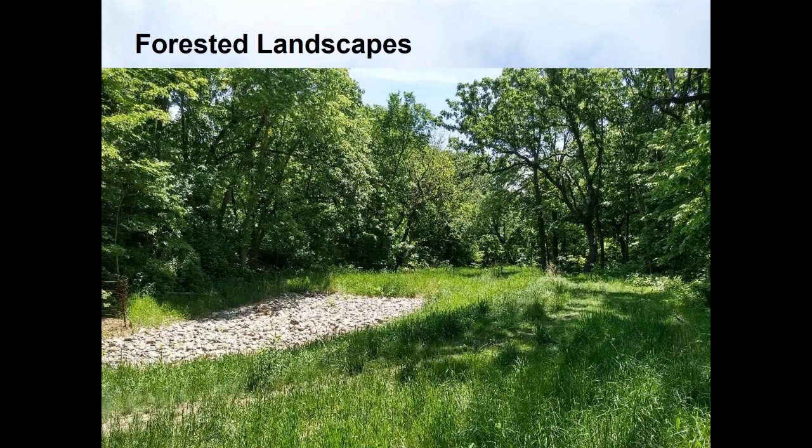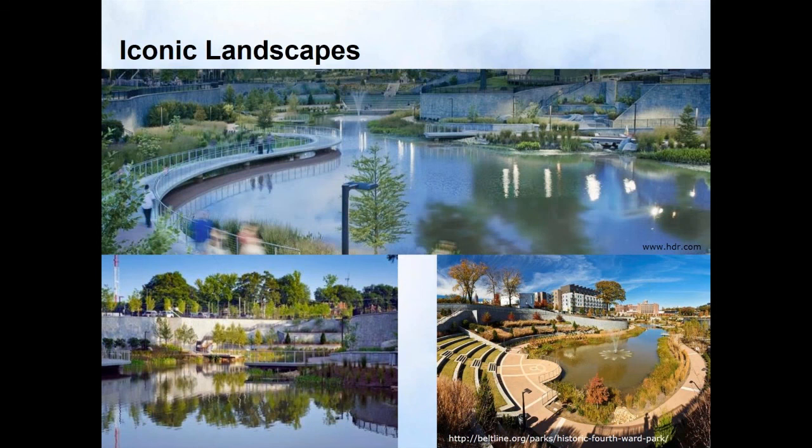This is in Georgia. It's called the Historic Fourth Ward Park. This is green infrastructure to the hilt, and this is a very large detention facility with a walkway around it, with an amphitheater, and with lots of interpretive elements within the landscape.